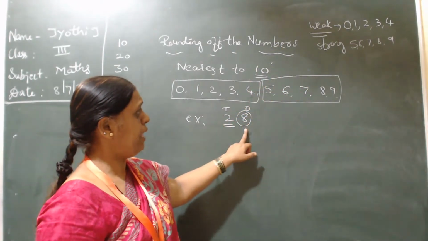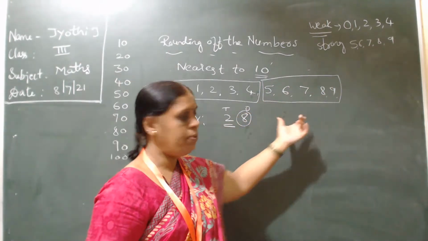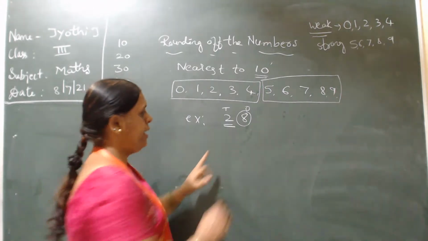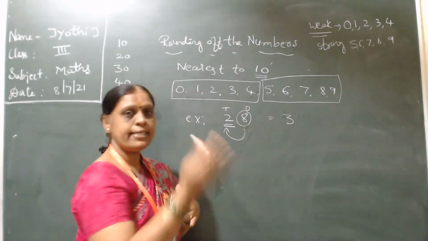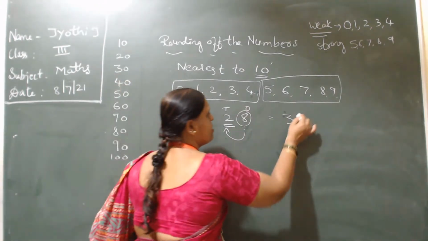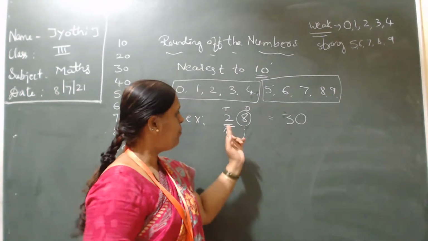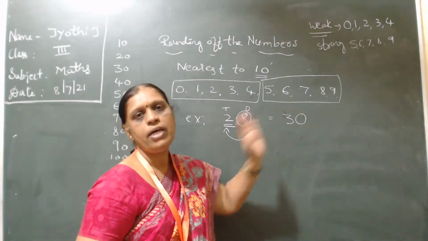As you know, 8 is a strong number. It comes in the second group, so it pushes this number to the next ten. So 2 becomes 3, and 28 becomes 30. It is nearest to 30.